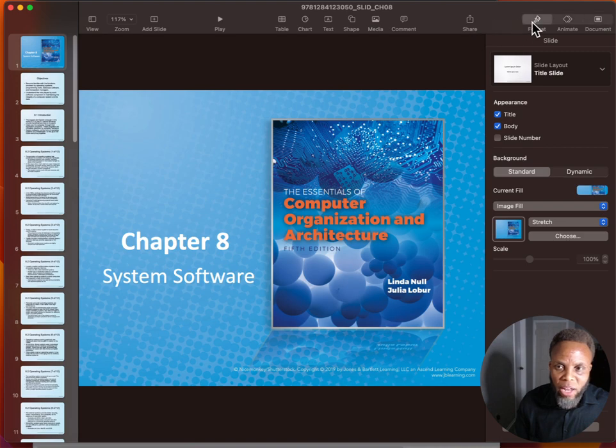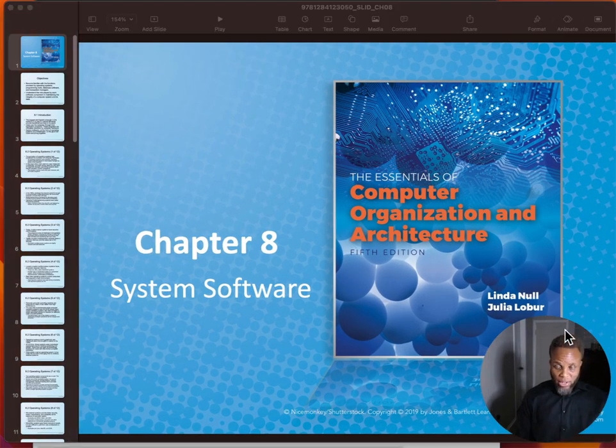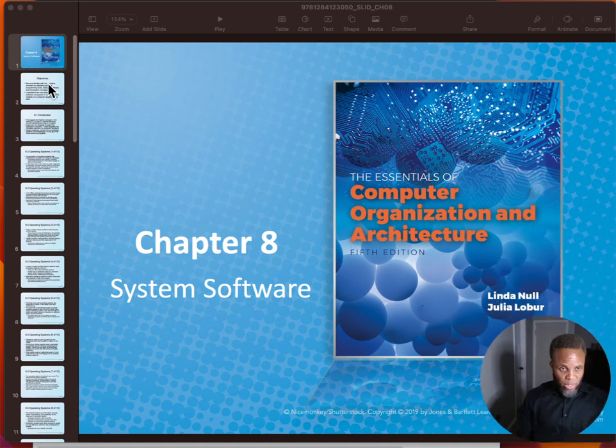Again, this should be very, very straightforward reading. I don't expect you folks to have any challenges within this chapter. It's actually very pleasurable reading. We're going to learn quickly about operating systems, and then we will quickly talk about the Java programming language. And then that should be it.